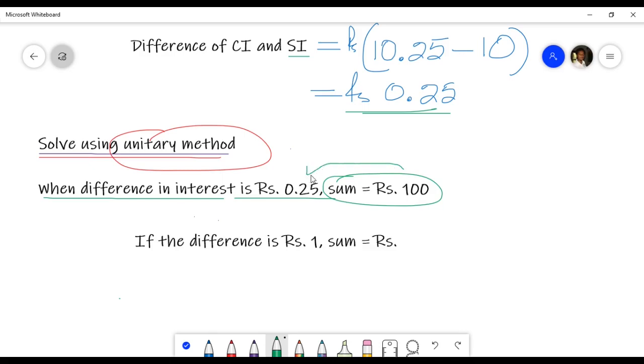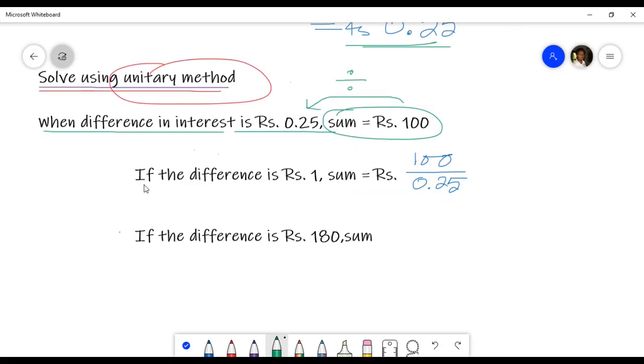Now if the difference is rupee 1, unitary method, so sum will be how much? 100 divided by 0.25. So if the difference will be 1, it will be when the sum will be 100 by 0.25.